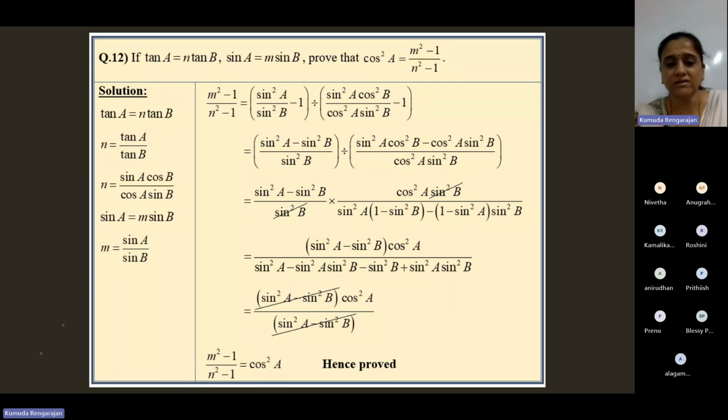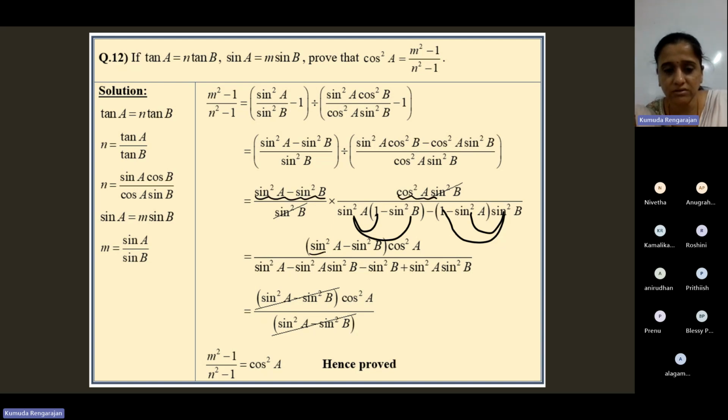So open the bracket. When you open the brackets, you will have 4 terms. This into this, this into this, this into this, this into this. Take care of the signs also. Multiply the signs. Now, in the numerator, you can see this one into cos square a.